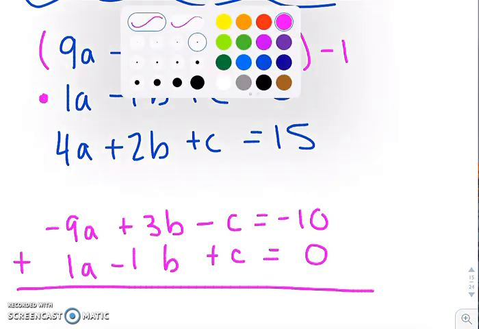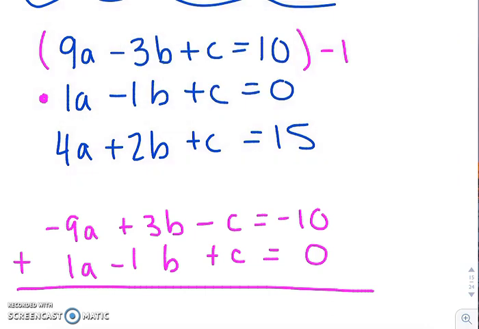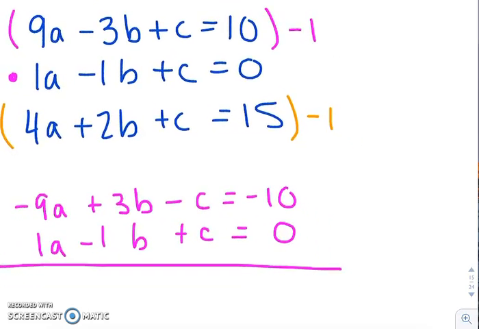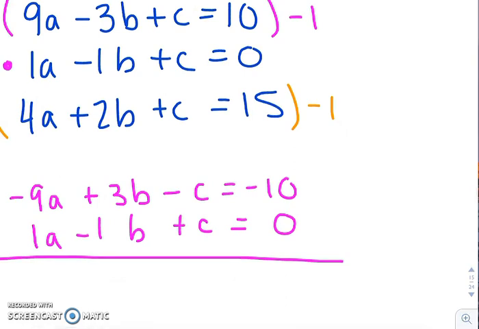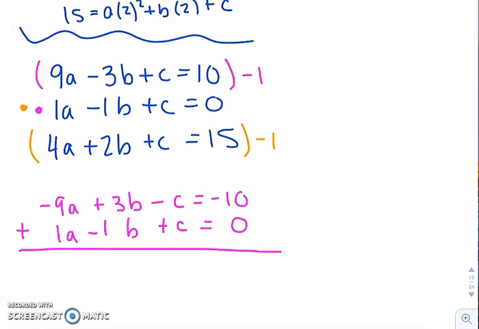And then I'll also multiply this guy by negative 1 and then add it to that same equation. So let's see, negative 4a minus 2b minus c equals negative 15, and we'll add it to that second equation again.